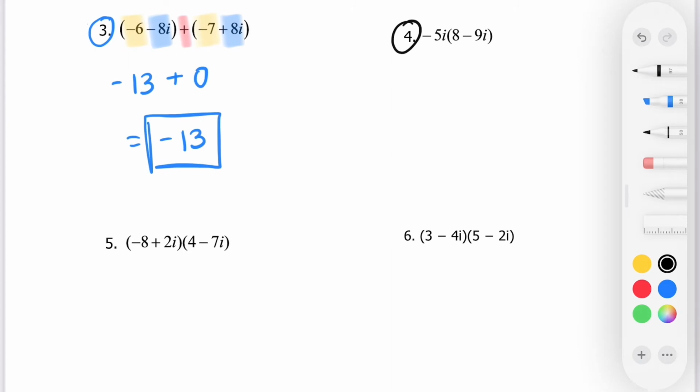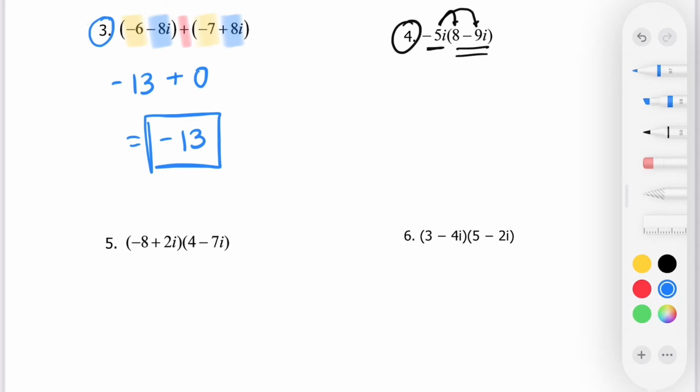In example number 4, we're taking a pure imaginary number and multiplying that times a complex number. All we're going to do here is use the distributive property. And this is where we're going to need to start taking into account the fact that I talked about earlier in this video, that i squared is equal to -1. You'll see what I mean by that in just a second.